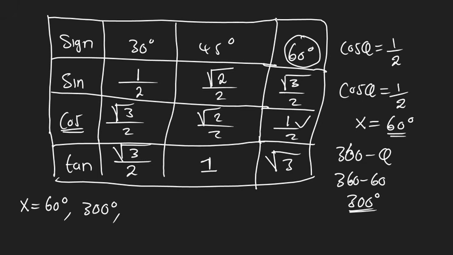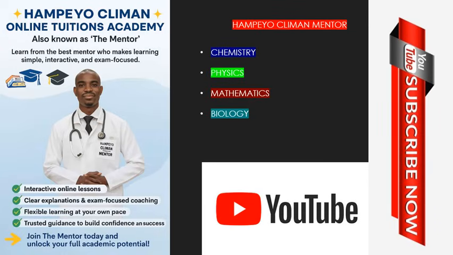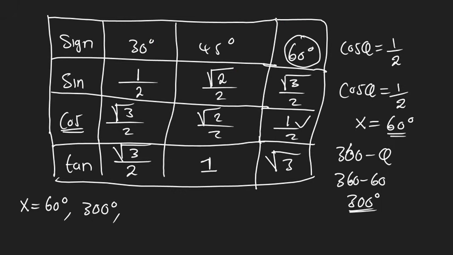What else? We have one equation remaining. The equation is here. Now, since cosine is equal to 1, what do you use? You use your unit circle. Get the unit circle from HC Learning Academy. It's very simple, guys. Under the unit circle, you discover that cosine is equal to 1 because cosine represents an x value.